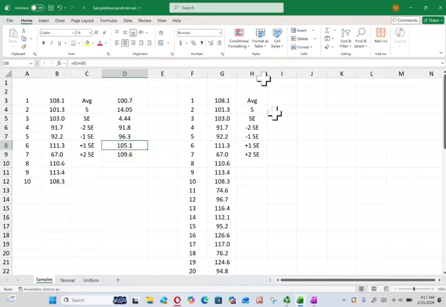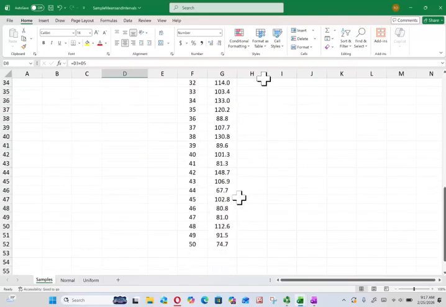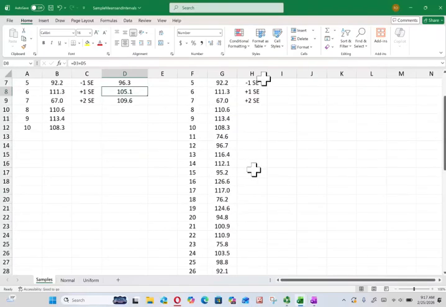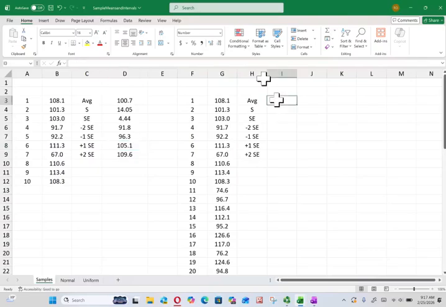Then do the same thing for the sample of size 50: average, standard error, all the rest. The average is 101.3. The standard deviation is 17.24. Even though I had a sample size of 50, I still get basically the same standard deviation.